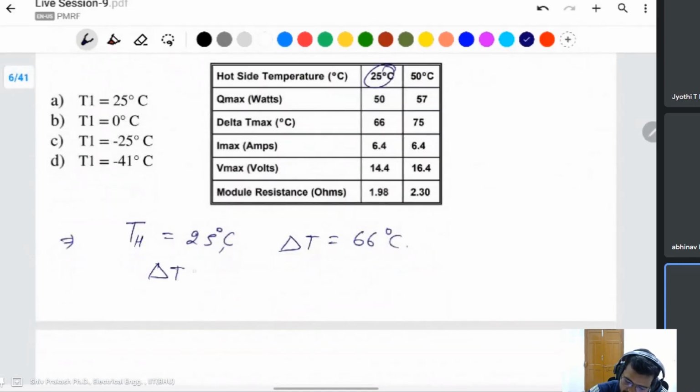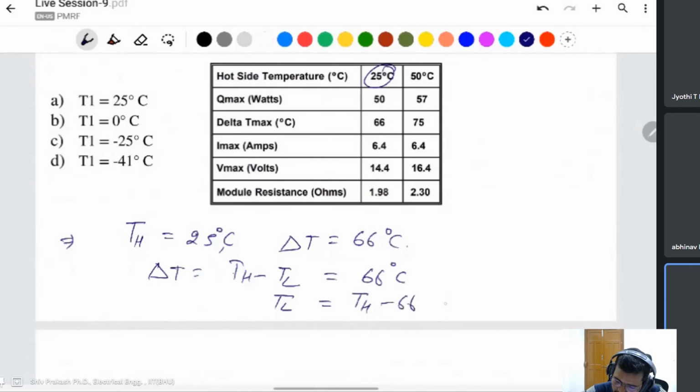And delta T is higher minus lower. Lower temperature is minus 41 degrees centigrade. This one.